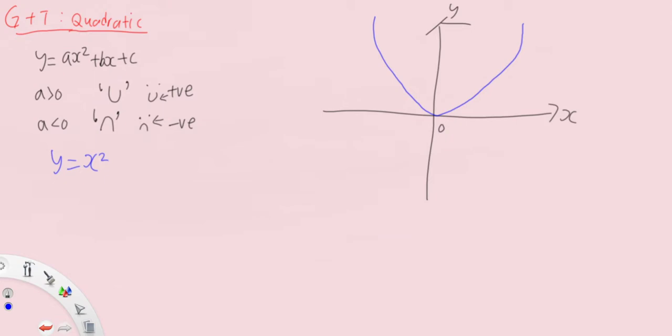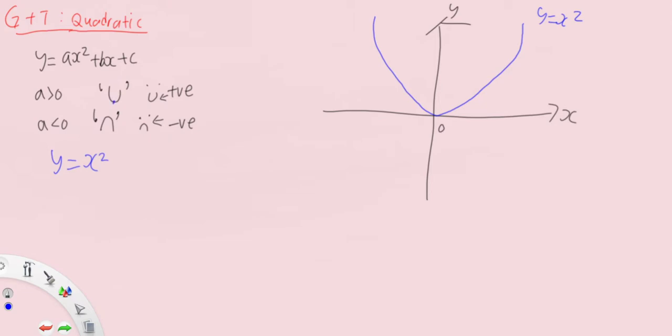Now, when it comes to our quadratic graph, there are a few things you need to know. This is the y equals x squared graph. In the letter U and the small letter n, there's sort of a pin, right? You notice at this point here. Actually, I should draw it over here.